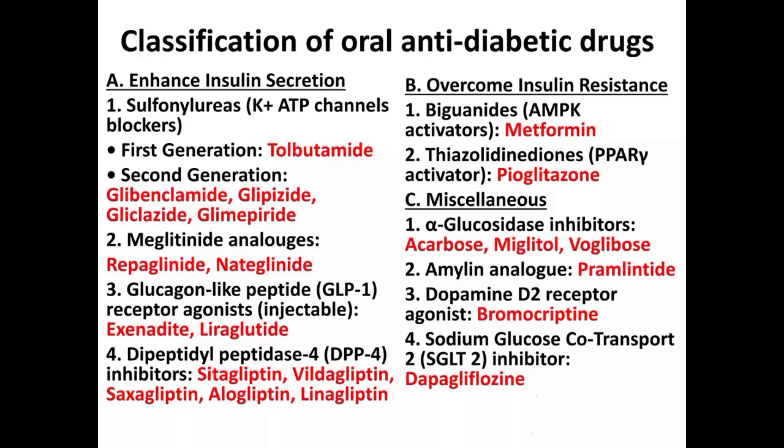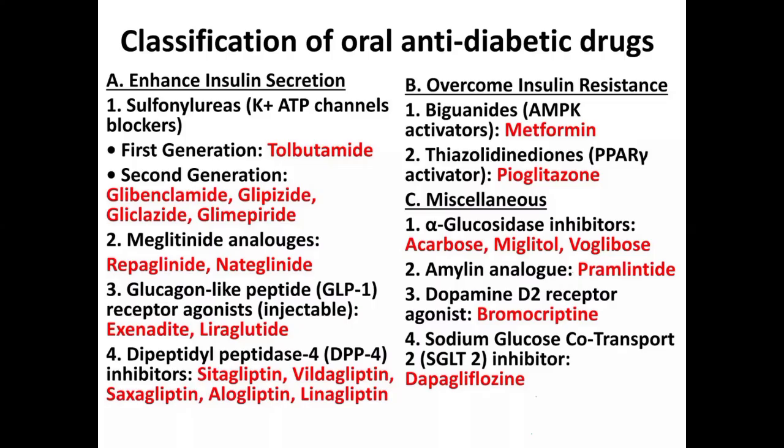Then there are some other miscellaneous agents which overcome the insulin resistance, which include alpha glucosidase inhibitors. The alpha glucosidase inhibitors include acarbose, miglitol, voglibose. Then the miscellaneous class also includes amylin analogs.